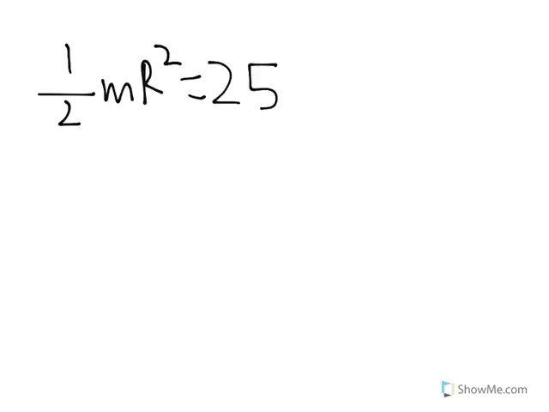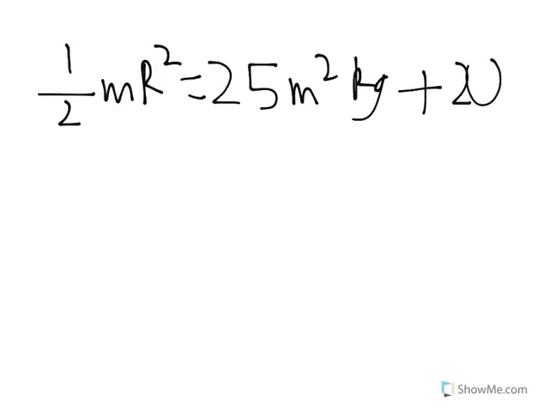So now at the end, the moment of inertia of this object is 1/2 m r squared, which is 25, and that's in meters squared kilograms. And then that's plus the mass of the kid and his distance. So he's 20 kilograms, and we'll say he's also 1 meter out.